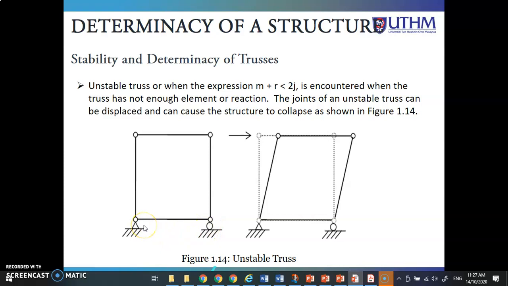So R here is 3, 2 plus 1. So M kat sini 1, 2, 3, 4. Okay, so joint 1, 2, 3, 4. So by using this equation, kita akan determine M plus R. So M 4 plus R 3, so here will become 7. 2 times joint ada 4, so 8. So they become unstable trusses.